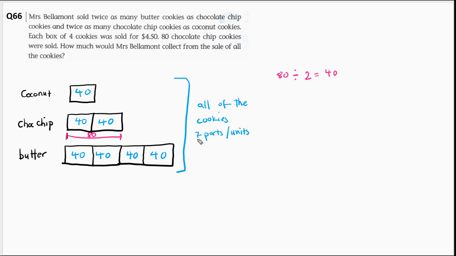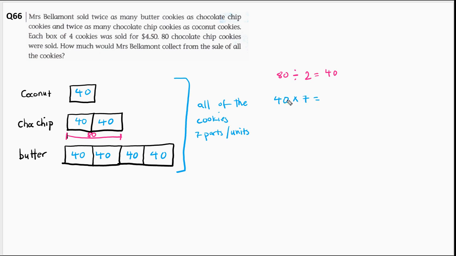So I need to multiply 40 by 7. Now some of you might find that a bit daunting. It's really easy. You don't need to do a written calculation for this if you know your times tables.